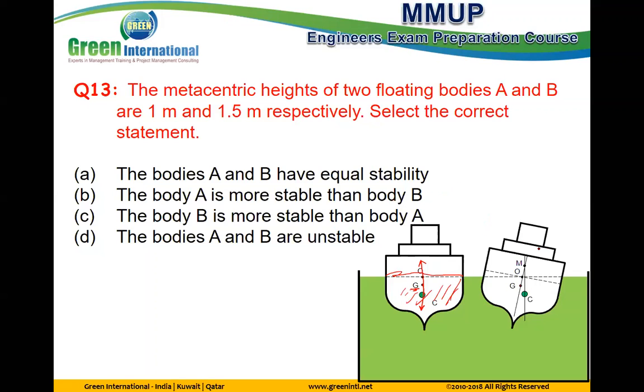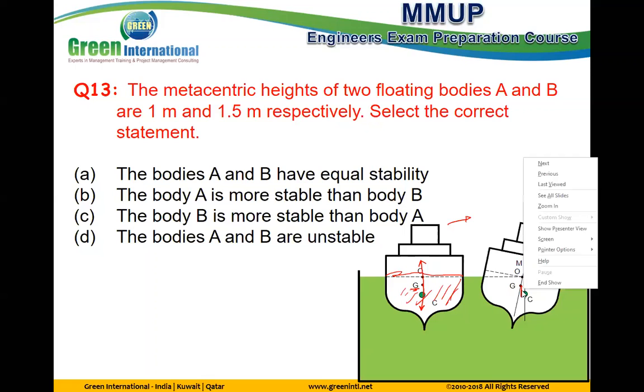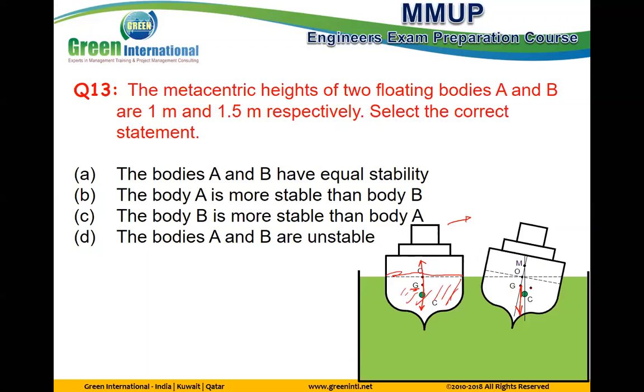Check the other shape for this one. If this one is rotated like this, what happened? G is still the same, not changed, because it depends on what? The total shape. But the center of buoyancy is shifted, and the force is still acting up, no problem, because it is acting up all the time, but shifted according to the part now inside the water.